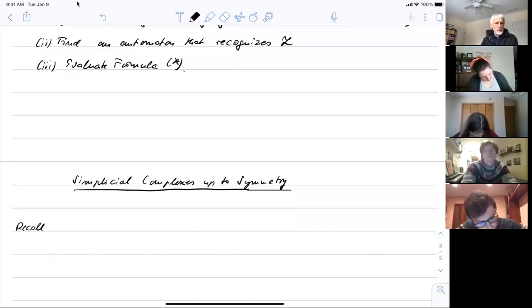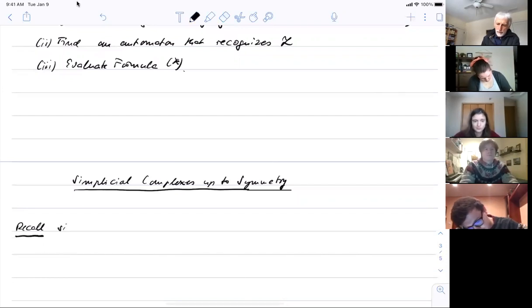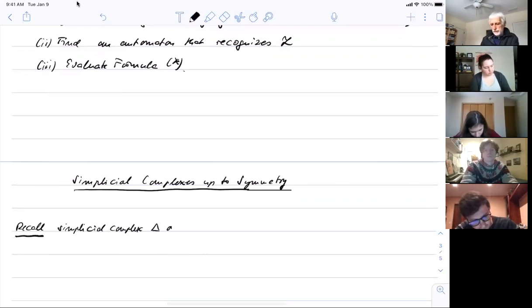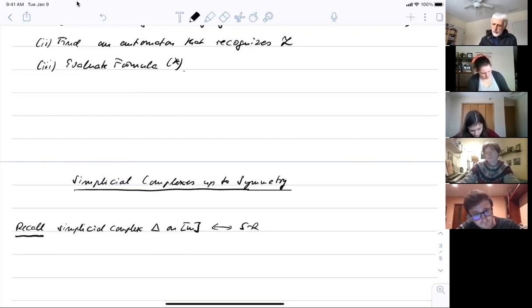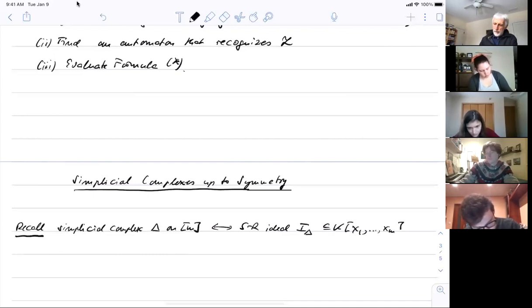So in the first lecture, Martina described, if you start with a simplicial complex delta on M letters, it corresponds to the Stanley-Reisner ideal I sub delta in a polynomial ring in M variables.